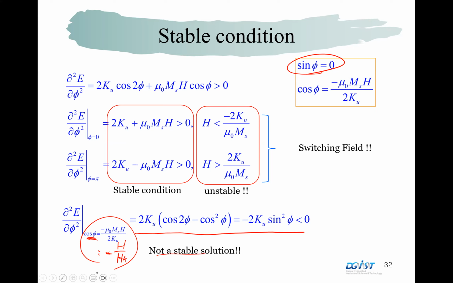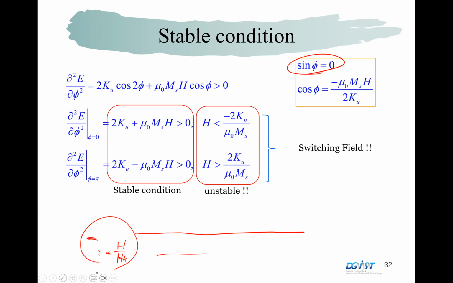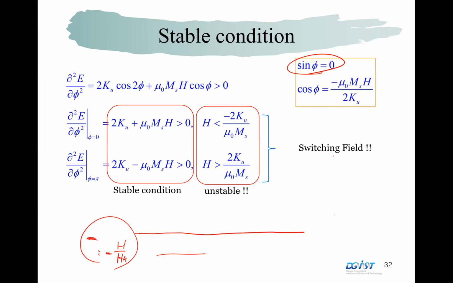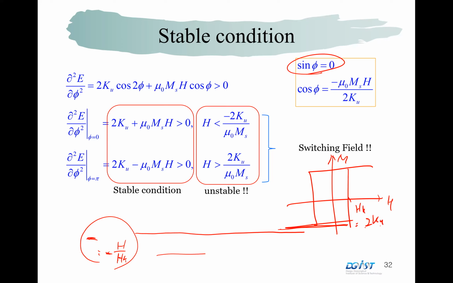So what we obtained from this idea is that the field and the magnetization have a very well-defined square loop, and the switching field is HK, defined as 2KU over mu0 Ms. And this is what we also call the anisotropy field.